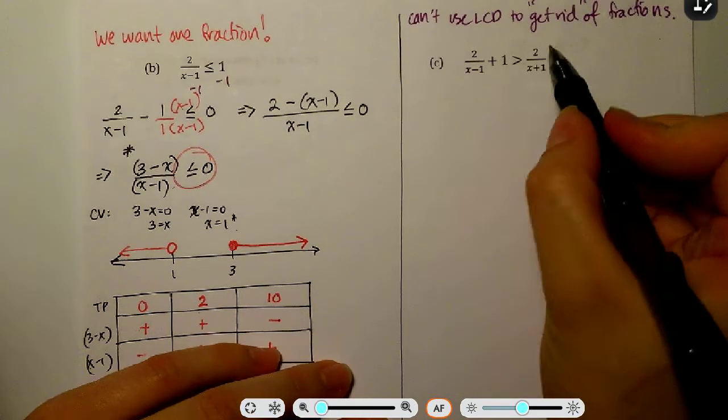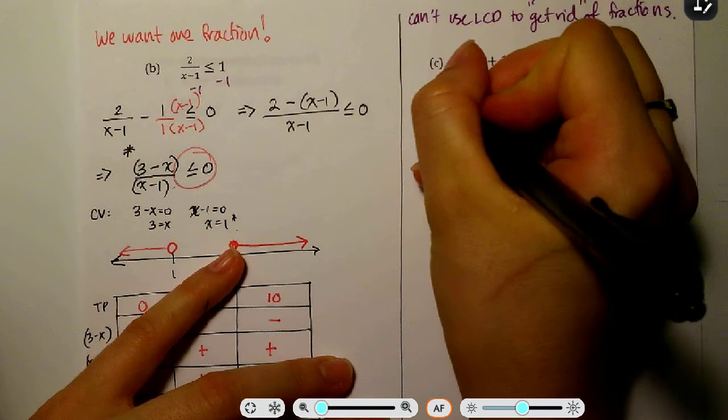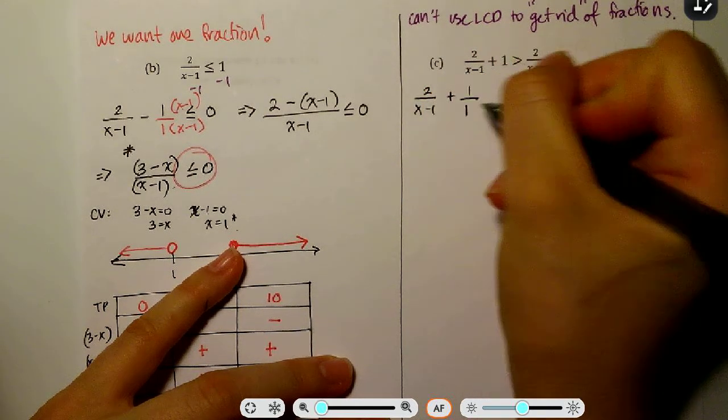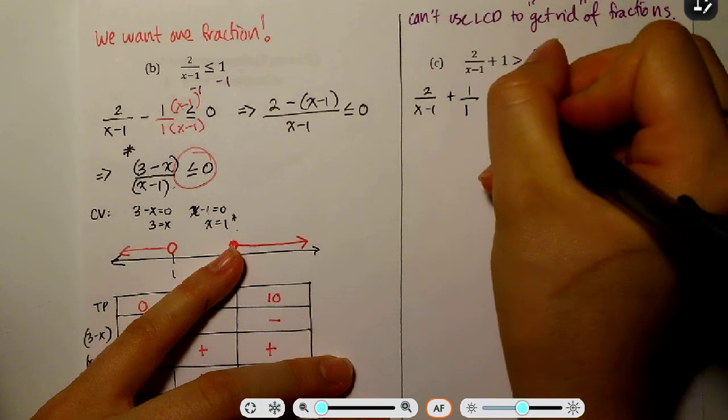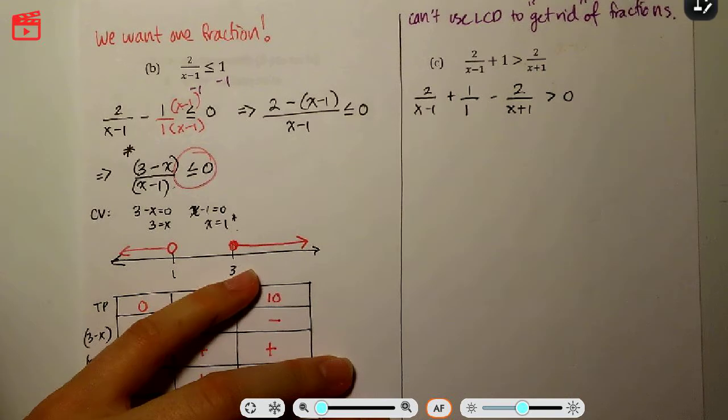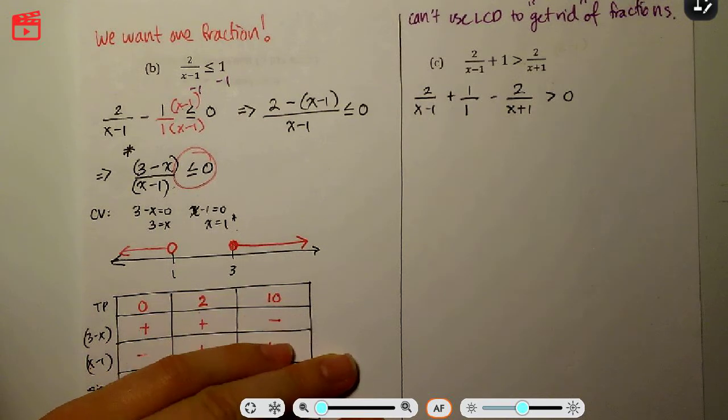Alrighty, so let's move everyone over to one side. And I'm going to put the 1 over 1, and then minus the 2 over x plus 1, and that's greater than 0. Okay, so we have 3 fractions and they need to have the same denominator. What would the LCD be?